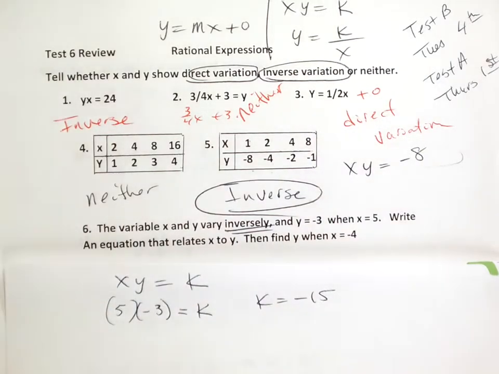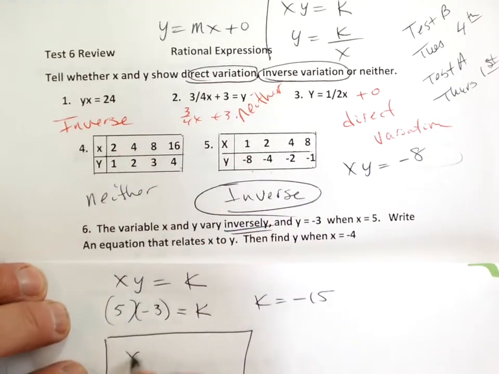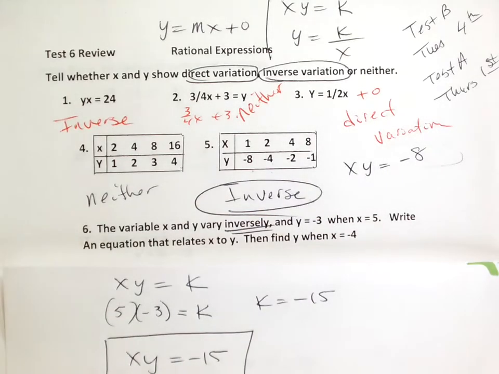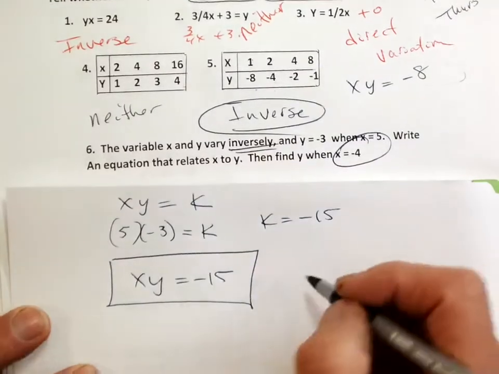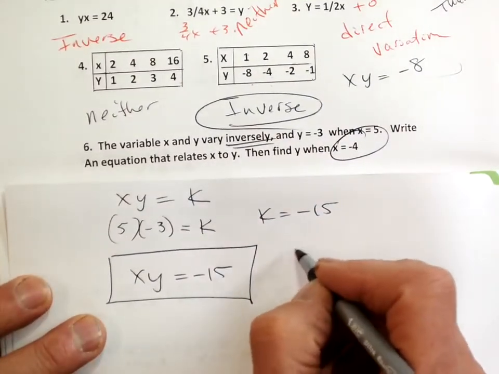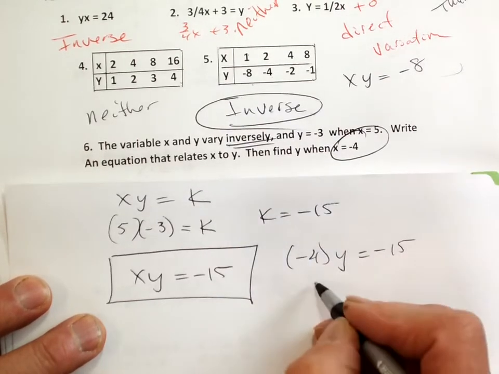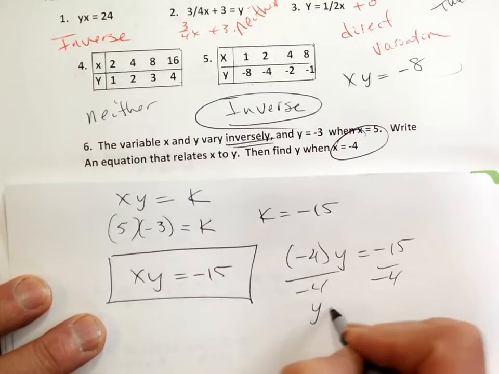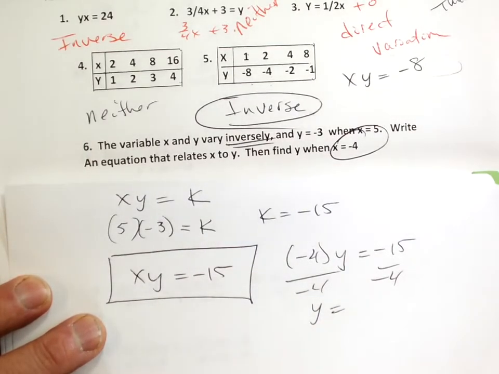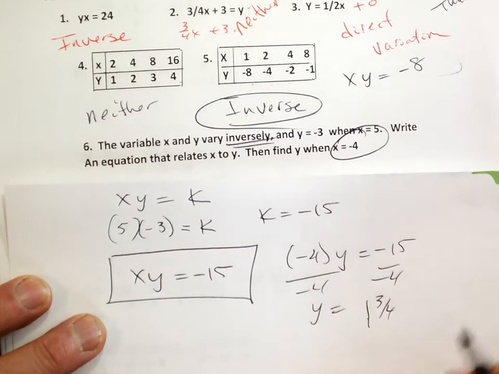Now I can write my equation: xy equals negative 15. So now I can use my equation. Let's plug in negative 4: negative 4 times y equals negative 15. I'll divide by negative 4 and have y equals 15/4. What's that, 3 3/4 probably. Okay, there we go. That's how you do that.